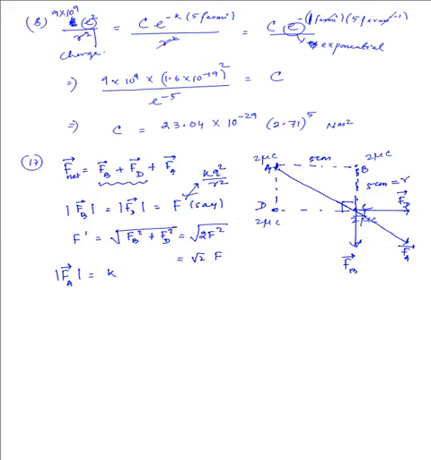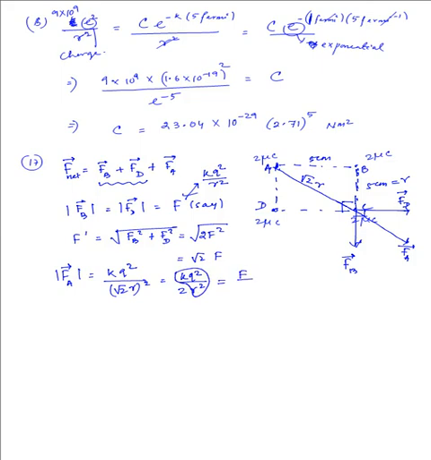Now if you know the case of the diagonal, it is root 2 times R for a given square. So that means here we'll be getting the force to be equal to K Q squared, because the magnitudes are the same, over root 2 R squared, and root 2 R squared is nothing but 2 R squared. So this is K Q squared over 2 R squared. And if you look at it, this value K Q squared over R squared is equal to F.